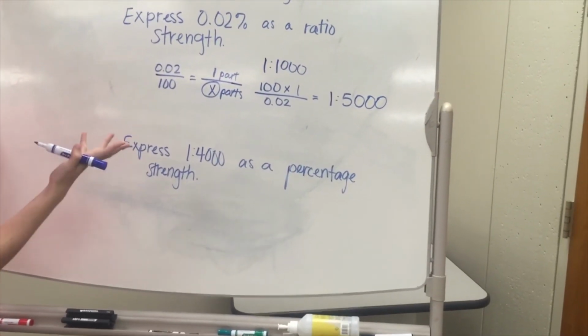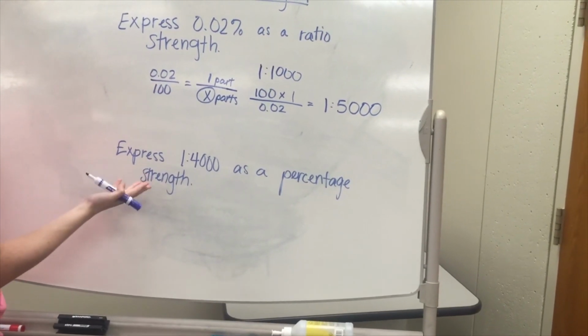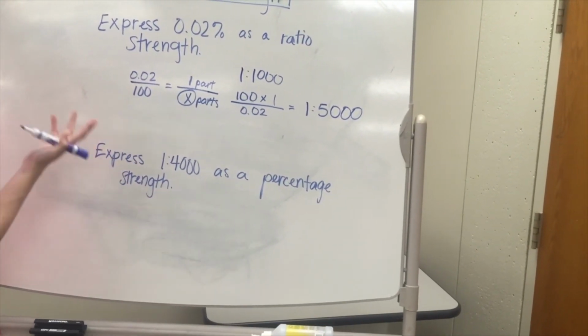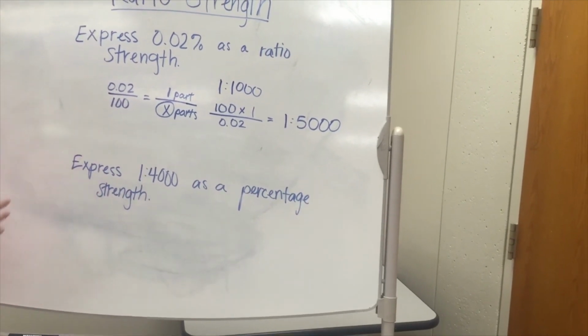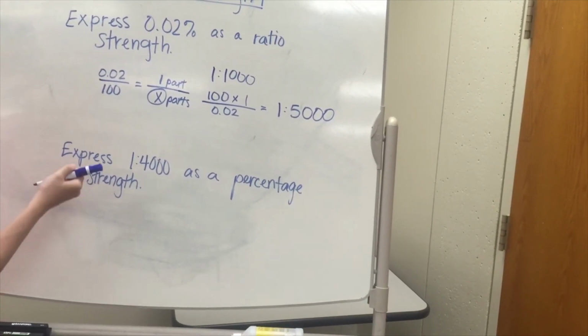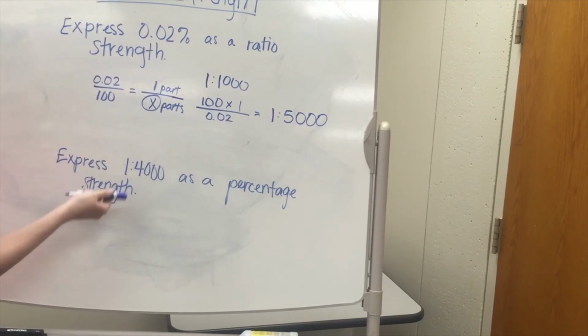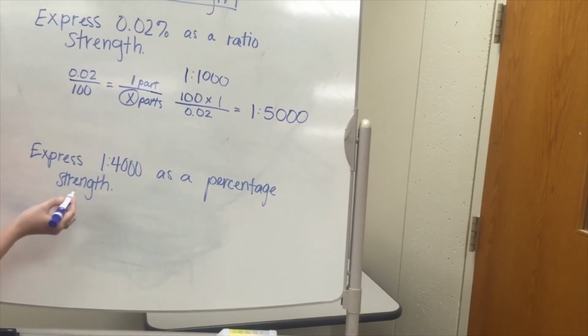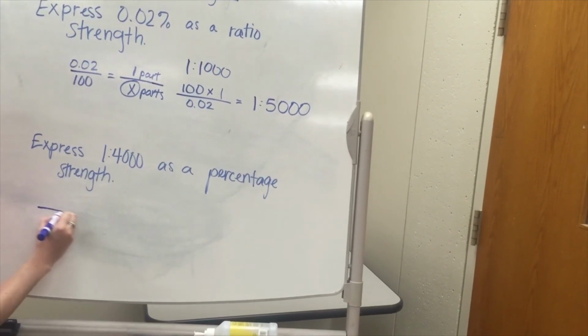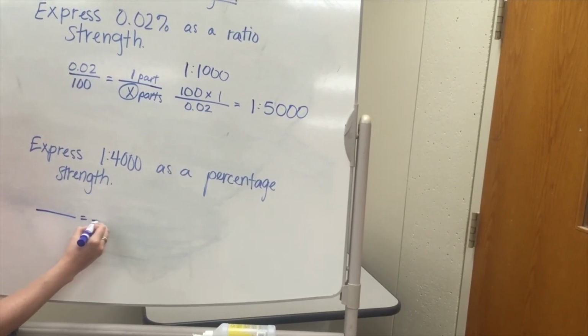Now we're going to express a ratio strength as a percentage strength. We're just going to be doing this process in the reverse order. So we start off with 1 to 4,000, and that's 1 part to 4,000 parts. Since that's what we're given, we're going to start out with that on the left side of our proportion.